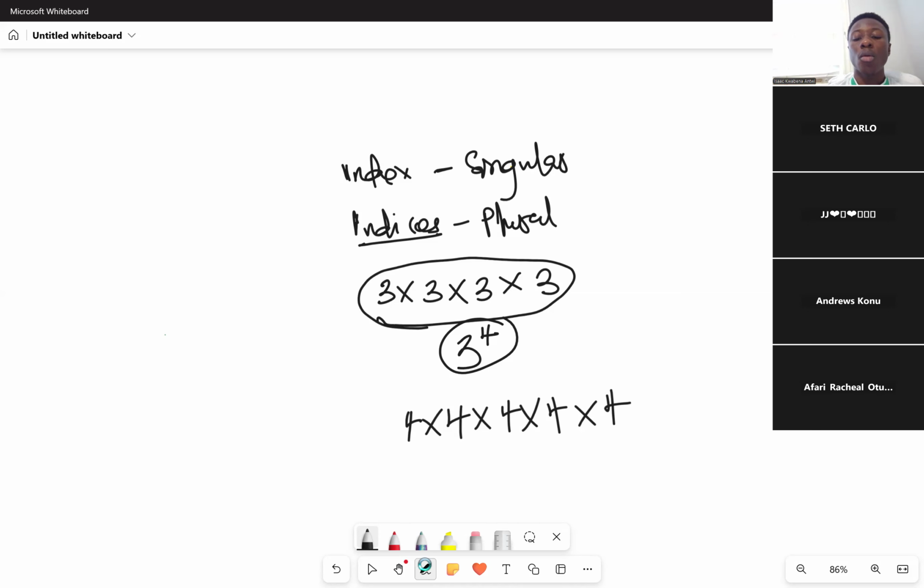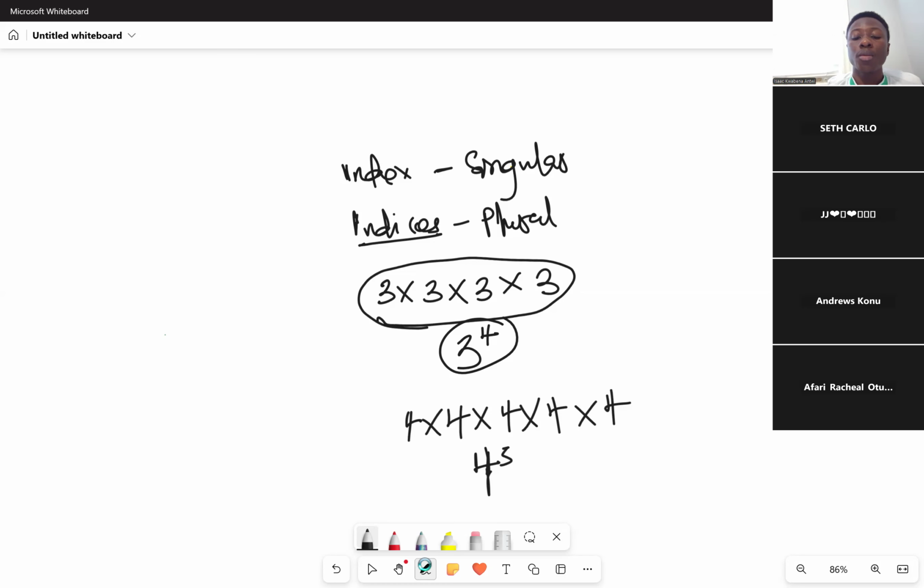So we can represent this as 4 index. Now, the power is gotten from the number of occurrences. So we have 1, 2, 3, 4, 5. So 4 index what? 5. So this is what indices is about. It's important you get to the basis, the foundation, and then now we can delve deeper.